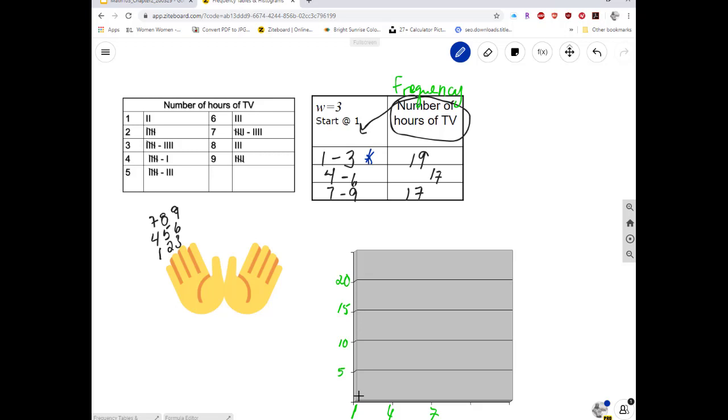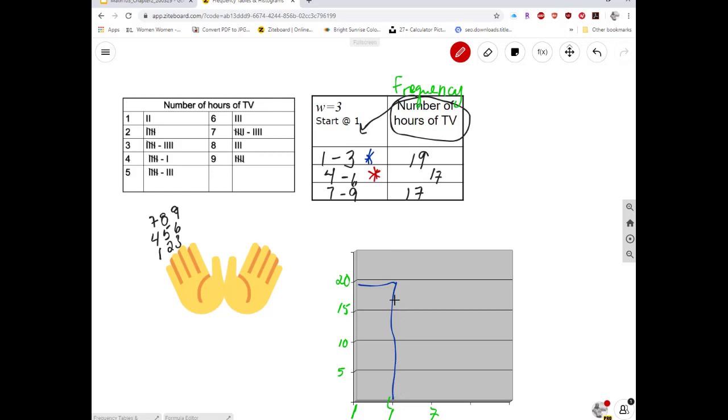So from 1 all the way up to 4, I'm going to have, okay, let's see, all the way up to about here. Okay, that is this one. The next one, let's do it in red. That's going to be a little bit less, right?